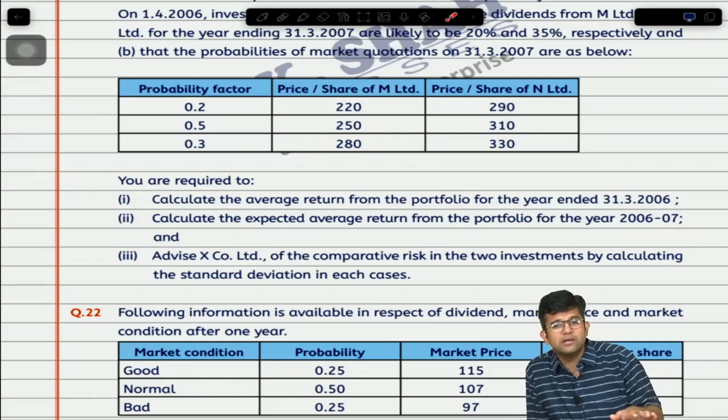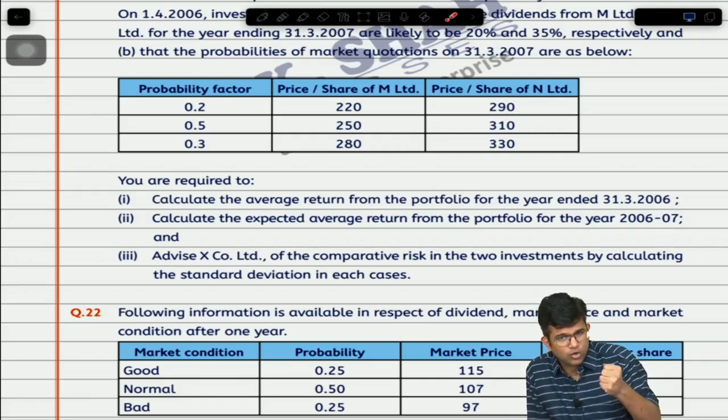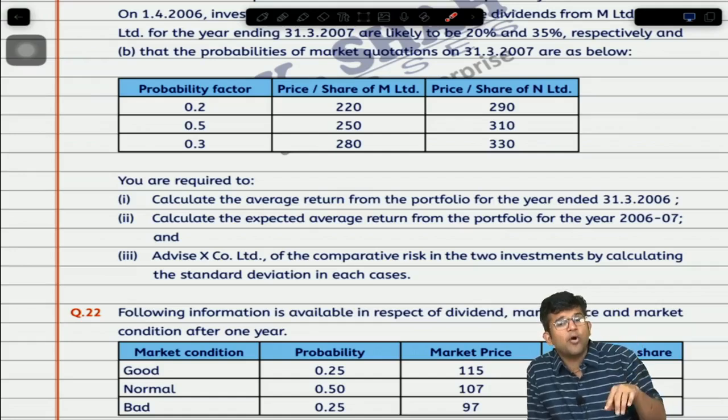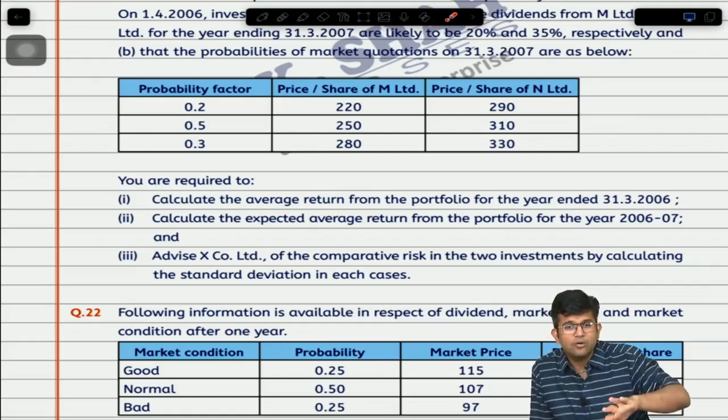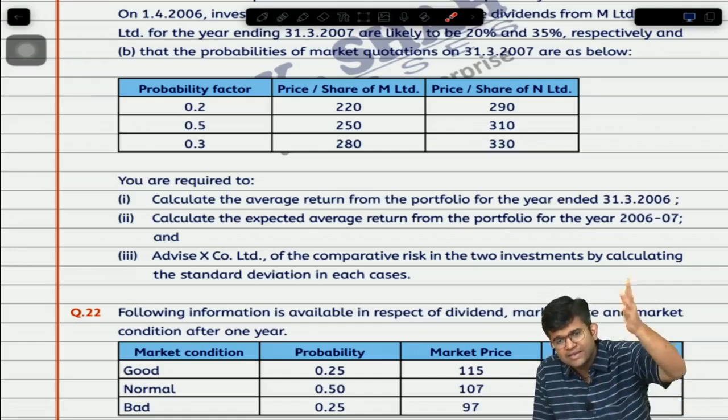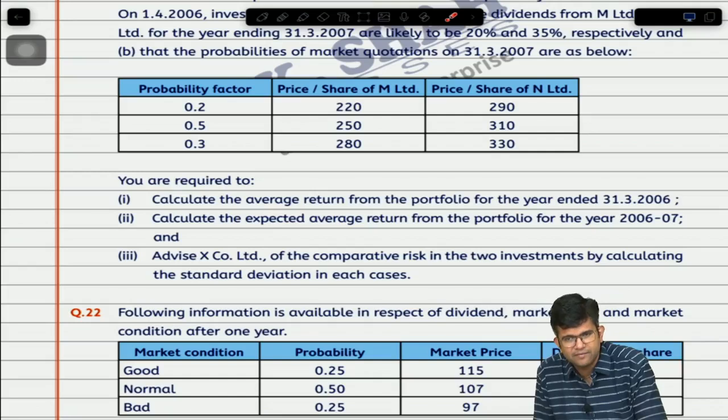This question is asking you your actual return from the year 2005-2006. And in point 2 they are saying that now the 6-7 year will come, no, 0607. In that, what do you think your expected return will be? Everybody clear?